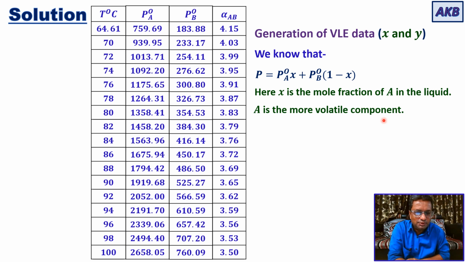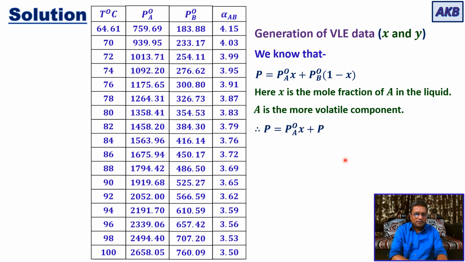Why is it the more volatile component? Because its boiling point is less at any pressure, or its vapor pressure is greater at any temperature. So you know that concept.